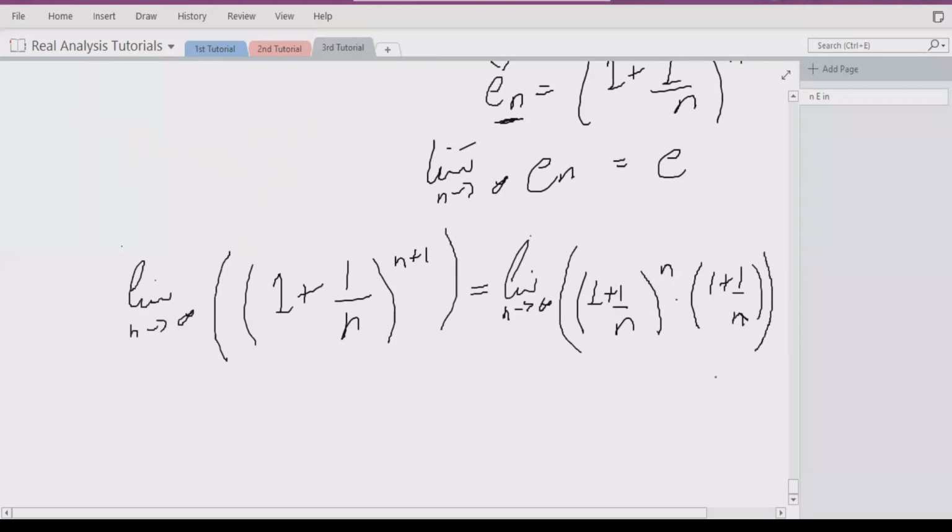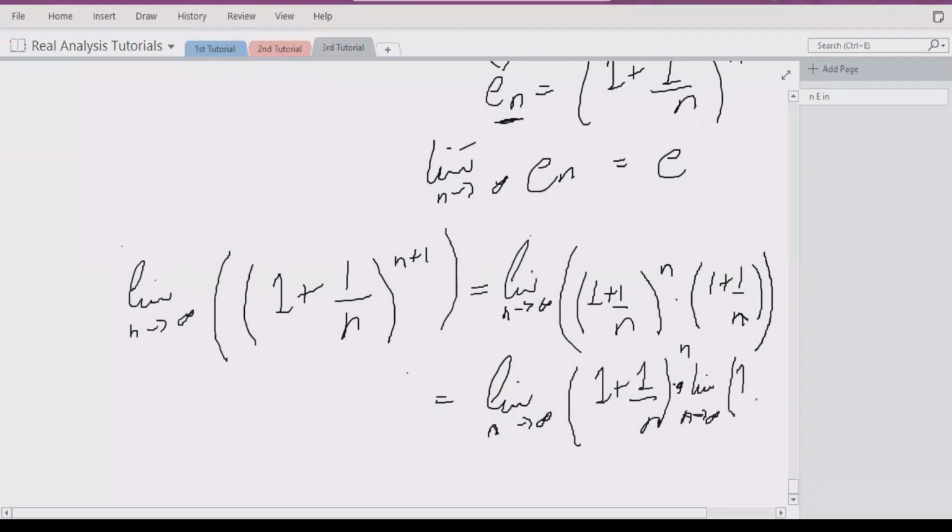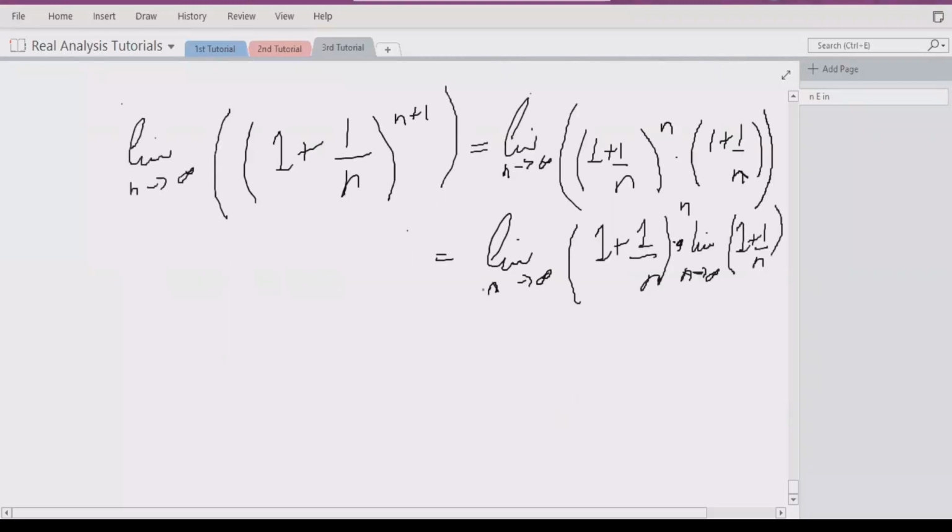Further, I can split the limit: the limit of 1 plus 1 over n to the power n, times the limit of 1 plus 1 over n. We know the limit of the first thing is e.